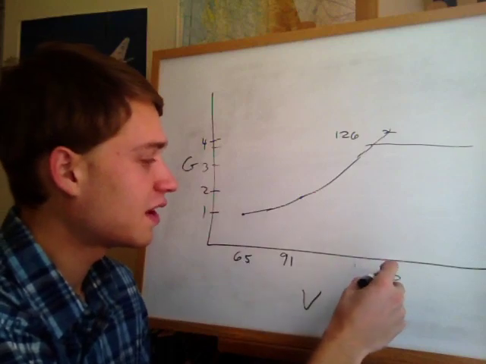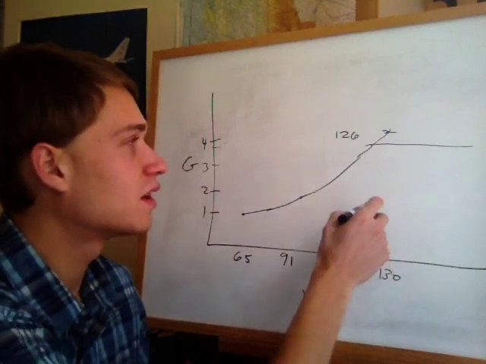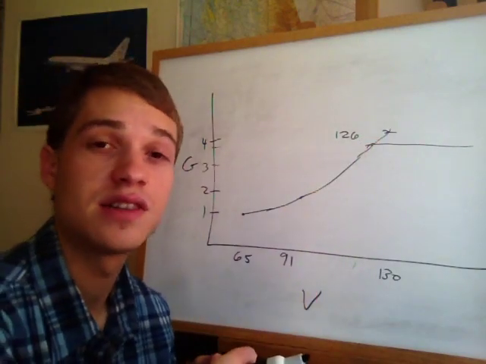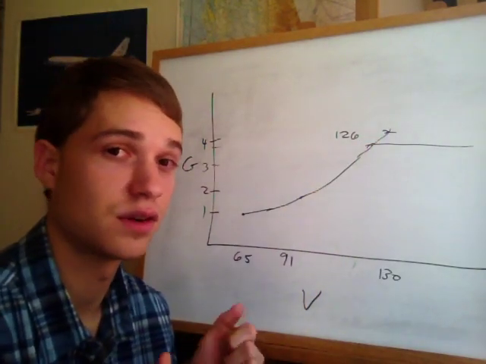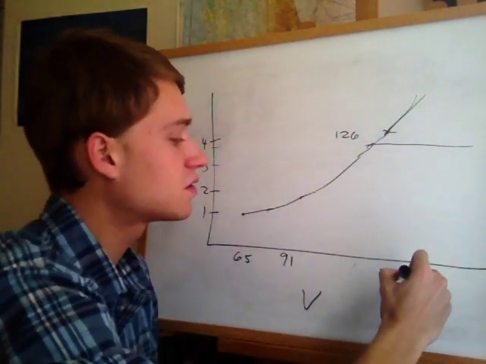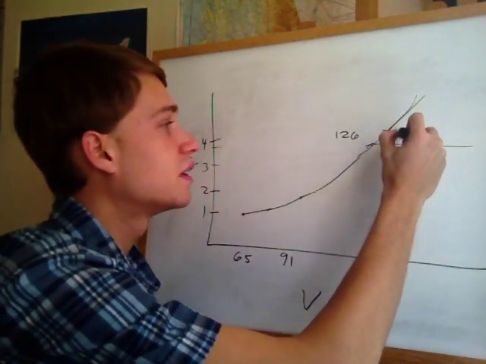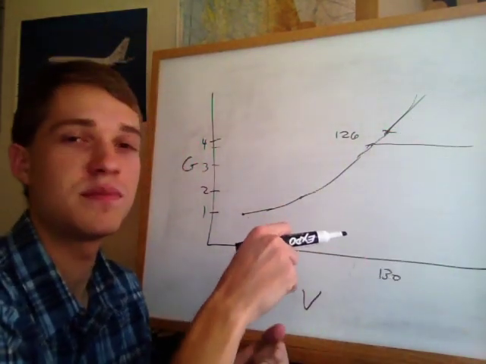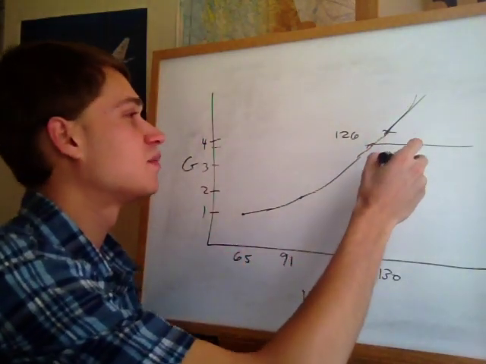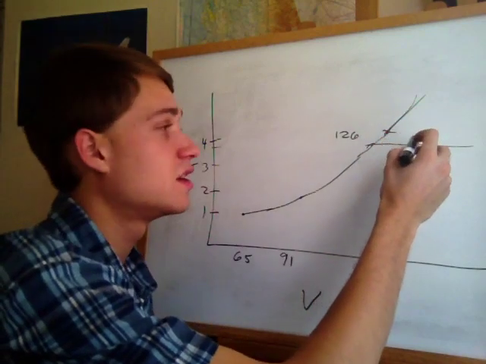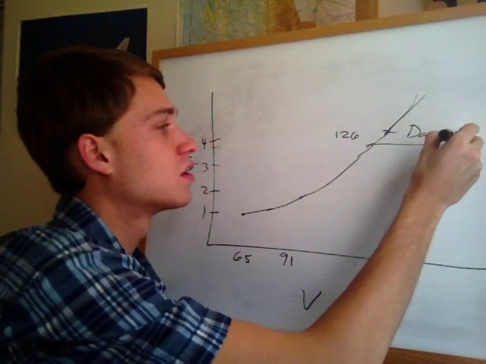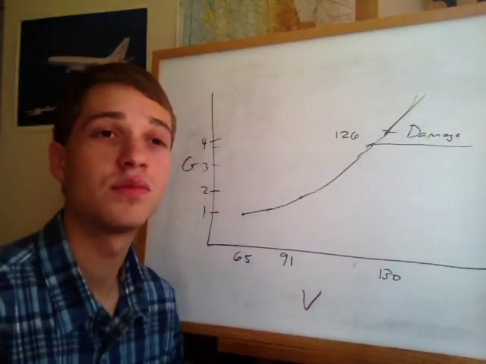But if you start flying the airplane up past this speed over here, up past 126 knots, now you don't necessarily have a guarantee that you're not going to bend your airplane if you're maneuvering your plane wildly about. And so you could be flying at 130 knots, and you put the airplane into a steep bank, and you pull it around and yank and bank, and you bring it up to 4.5 G's or something, and now you are in this damage range, and you're putting damage on the airplane.